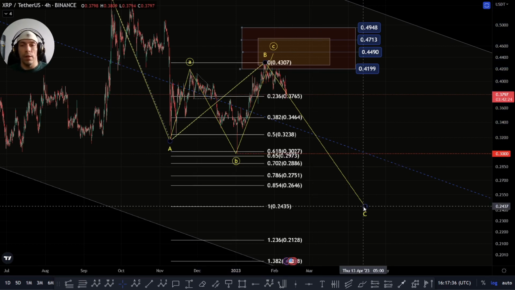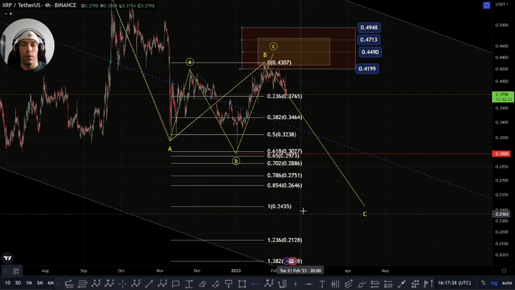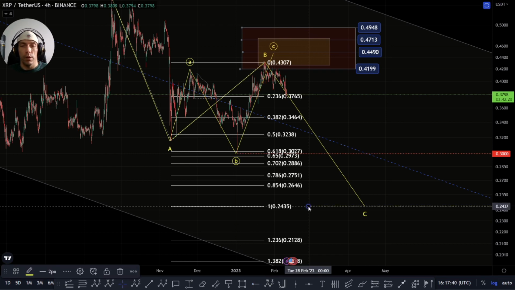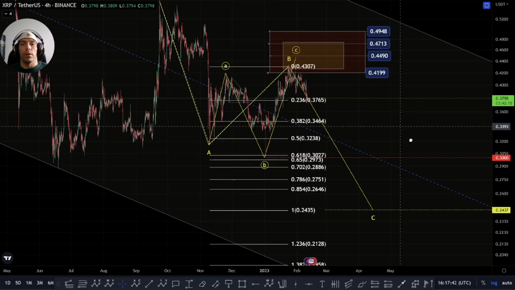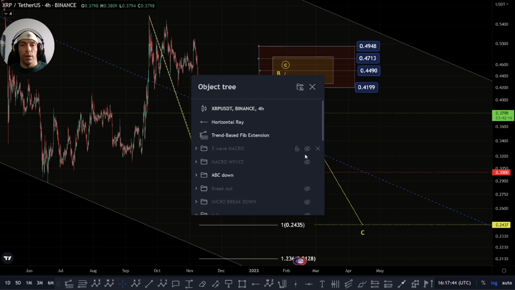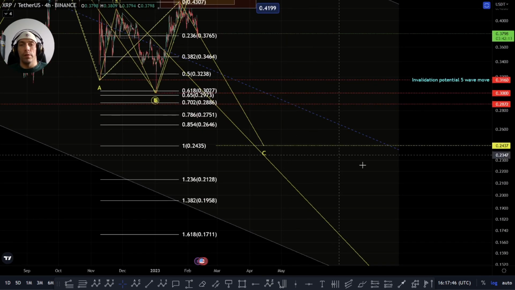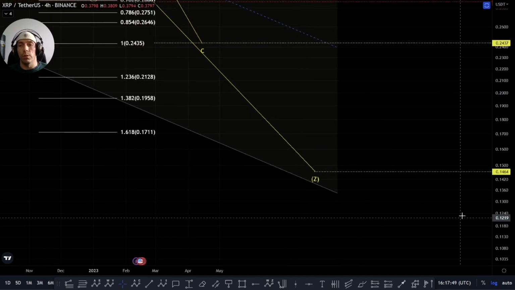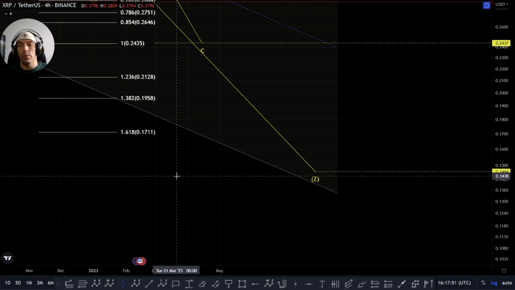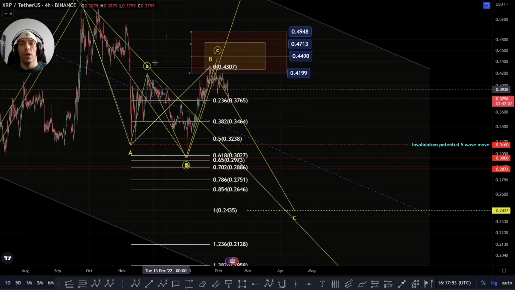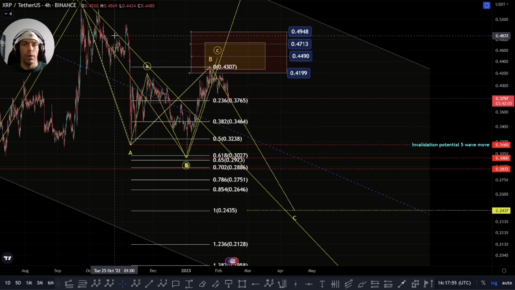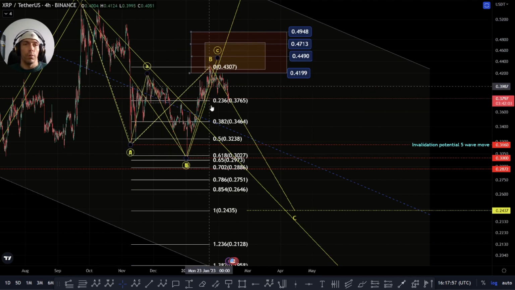But effectively, that one-to-one would be here at this 24.35 that we could look to push down to the downside. So if I throw this back onto the WXYZ, effectively the one-to-one with the W wave would actually be down here at this 14.64. So potentially this would mean that there's potential to drop down much harder here.